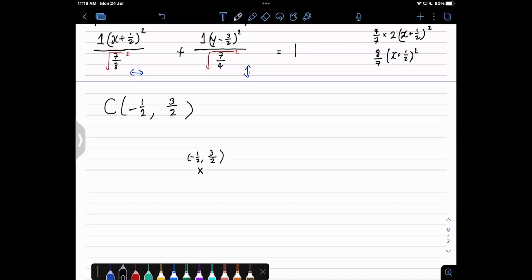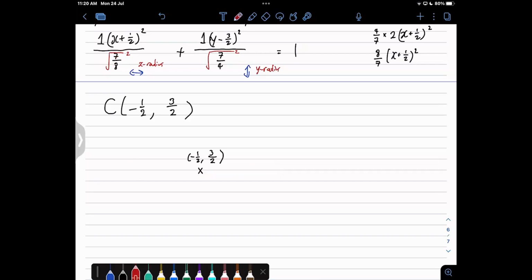Then when I say x radius and y radius, maybe I should write this down. I mean the distance from the center. So if we look at this guy, the x radius, square root 7/8, it means that from the center, I will have a distance to the left, a distance to the right, which is worth square root 7/8. Let's just type in the calculator. What is square root 7/8? It's around 0.935.